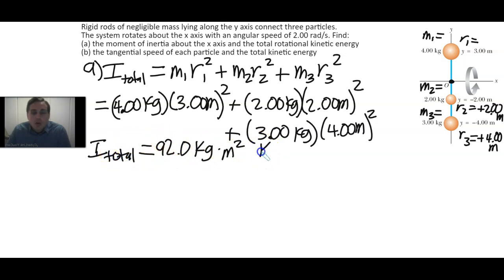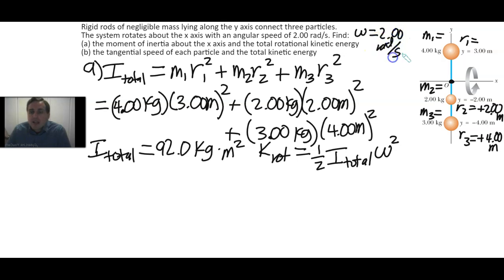To get the total rotational kinetic energy, we perform one half the total rotational inertia times the angular velocity squared. Now the angular velocity was given, that's 2.00 radians per second.